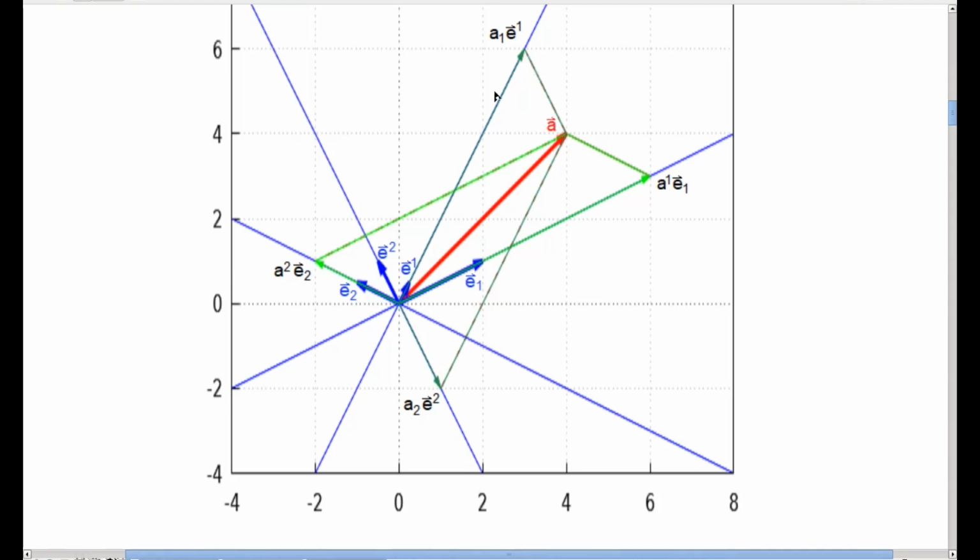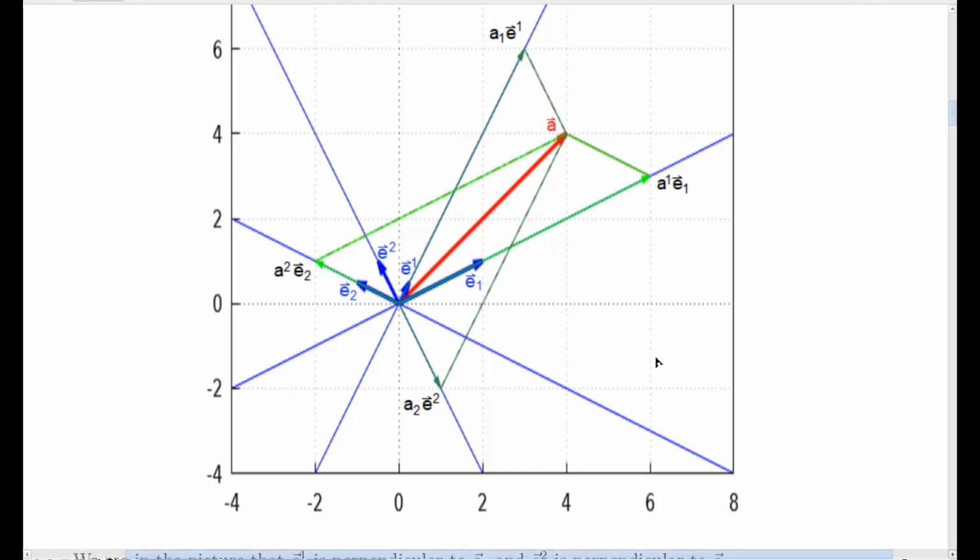Because the A2 covariant component of A was negative, -2, we have to draw the component in the opposite direction of this vector E2 covariant.